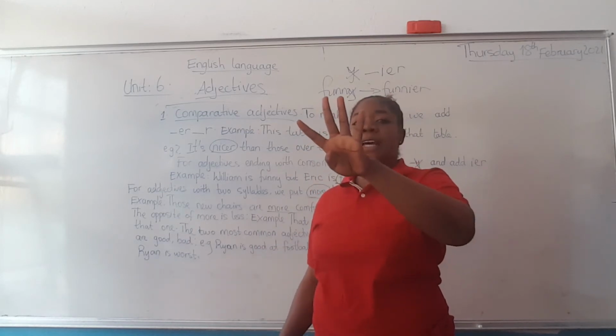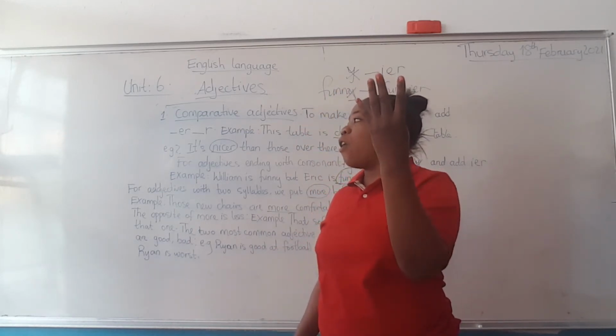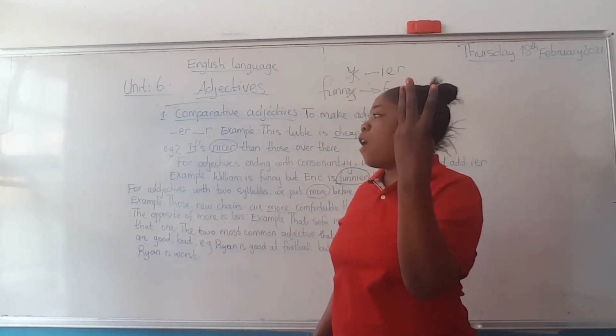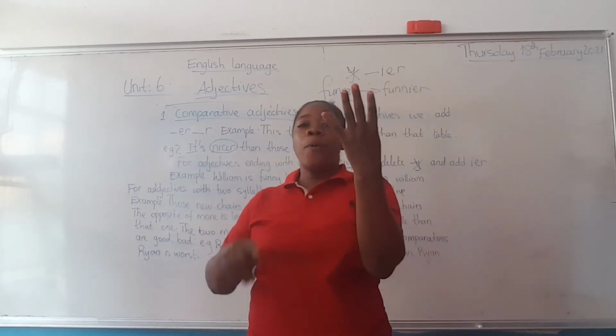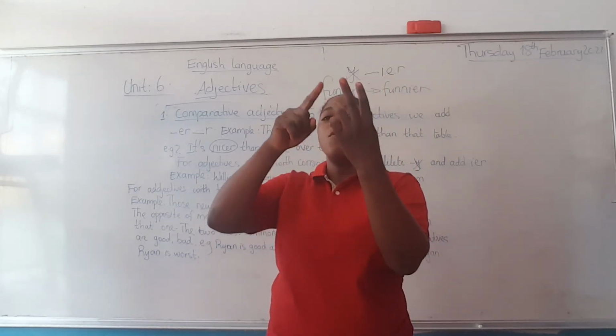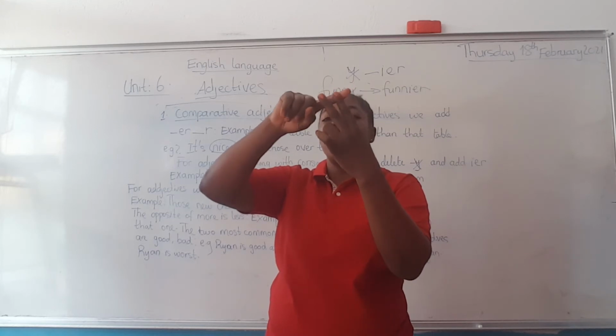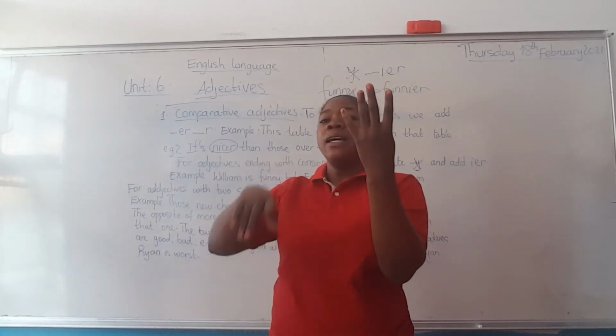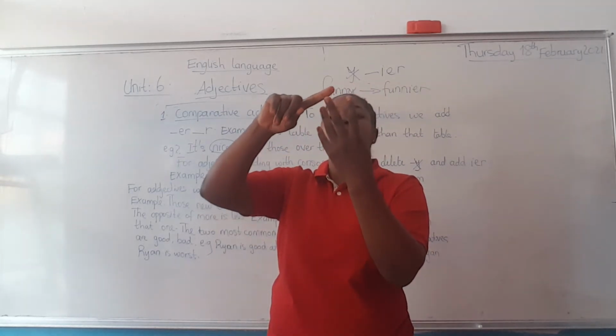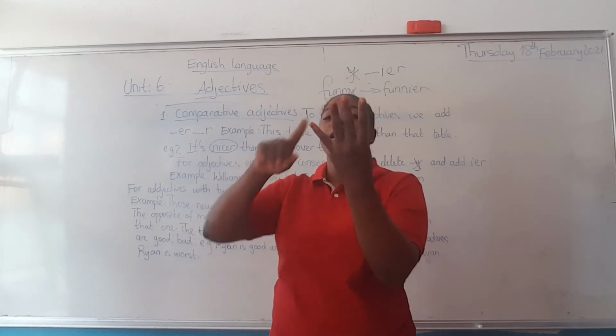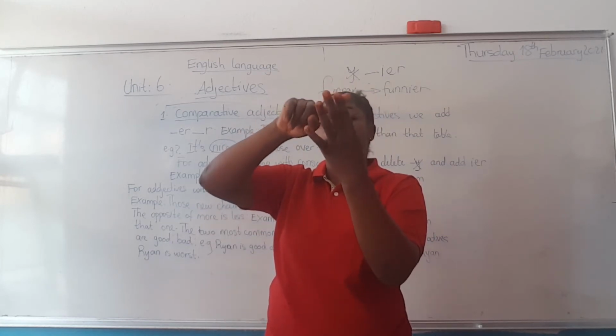How many syllables are there? Comfortable is made up of 4 syllables. Repeat after me. Comfortable. Again. Comfortable.